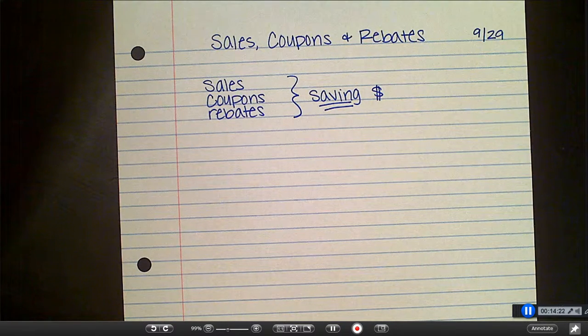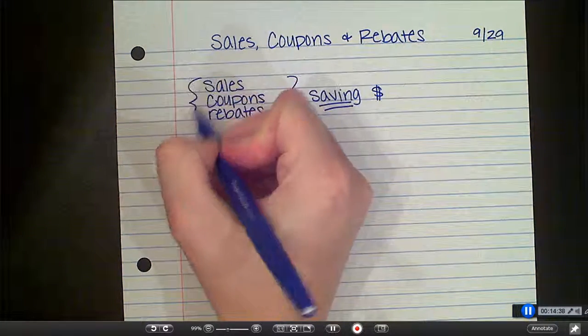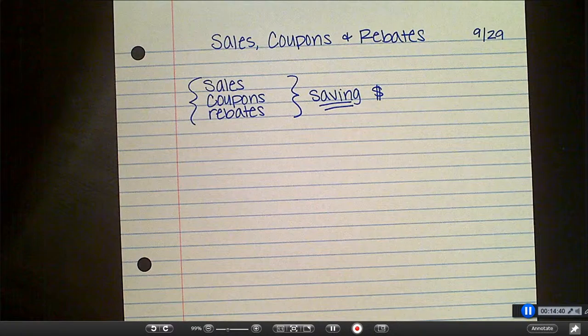And they all kind of work the same way. So we might do an example where something is on sale for 10% off. And then you might see a problem later on where it says that it's a coupon for 10% off. And that's fine. So these are all basically the same thing. They all work the same way.